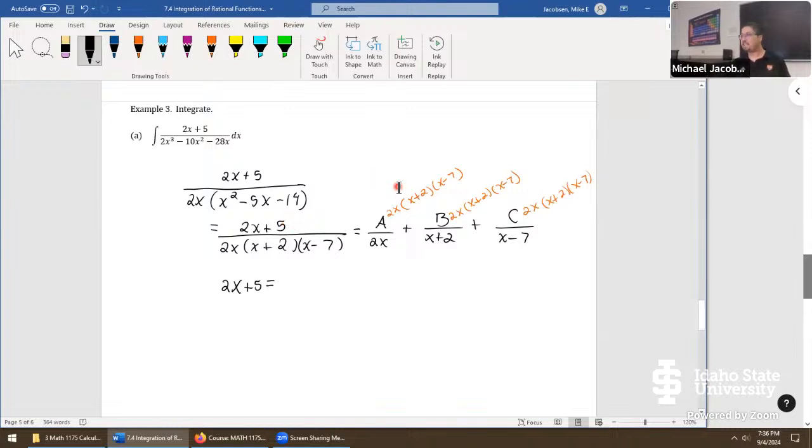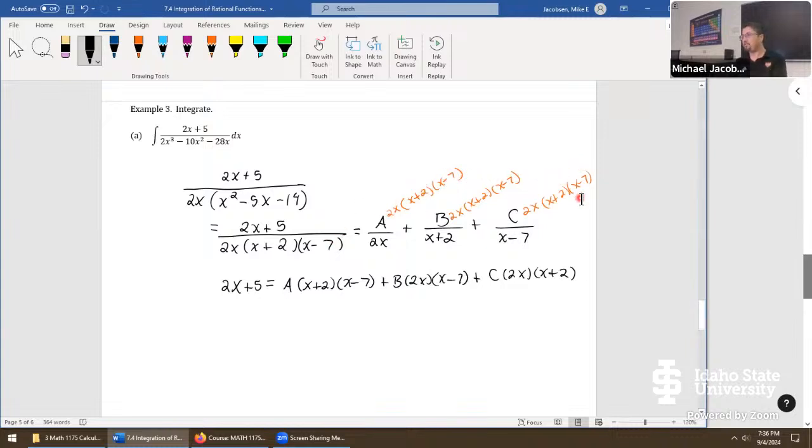Now on the right, we cancel and just write down what's left behind. Here 2x is canceled, and we just have A times x plus 2 times x minus 7. On this one, x plus 2 cancels, so this is plus B multiplied by 2x times x minus 7. Finally, on this one, x minus 7 cancels, so it's plus C times 2x times x plus 2. Good to double check these.